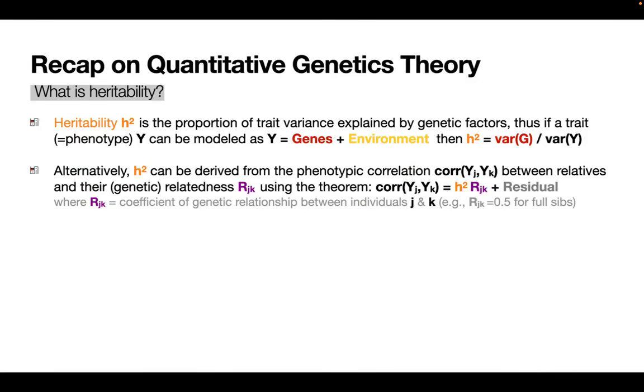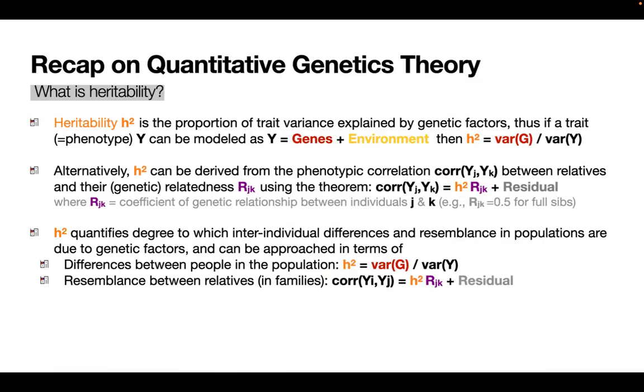Alternatively, heritability can be derived from the phenotypic correlation between relatives and their genetic relatedness, RJK, using the following theorem, where RJK is the coefficient of genetic relationship between individuals J and K. So heritability quantifies the degree to which inter-individual differences and resemblance in populations are due to genetic factors.